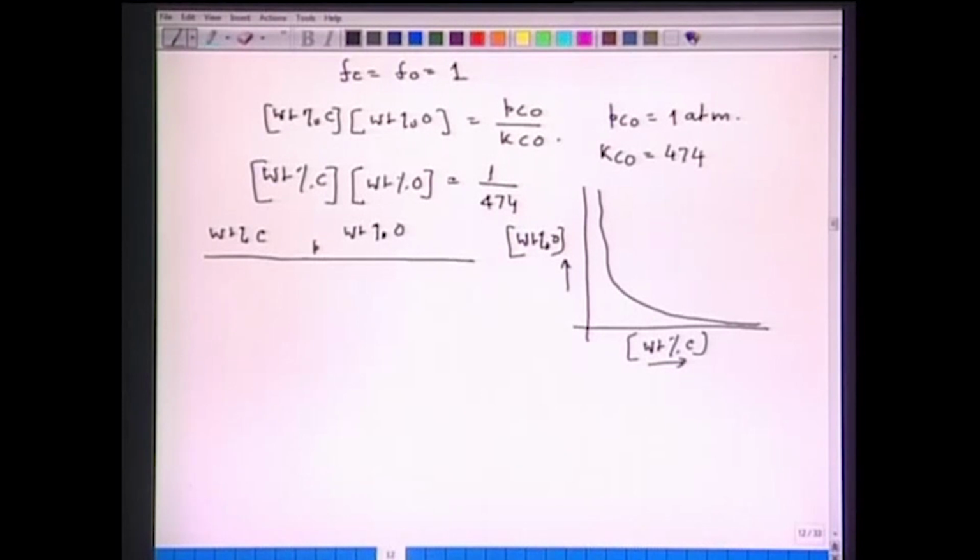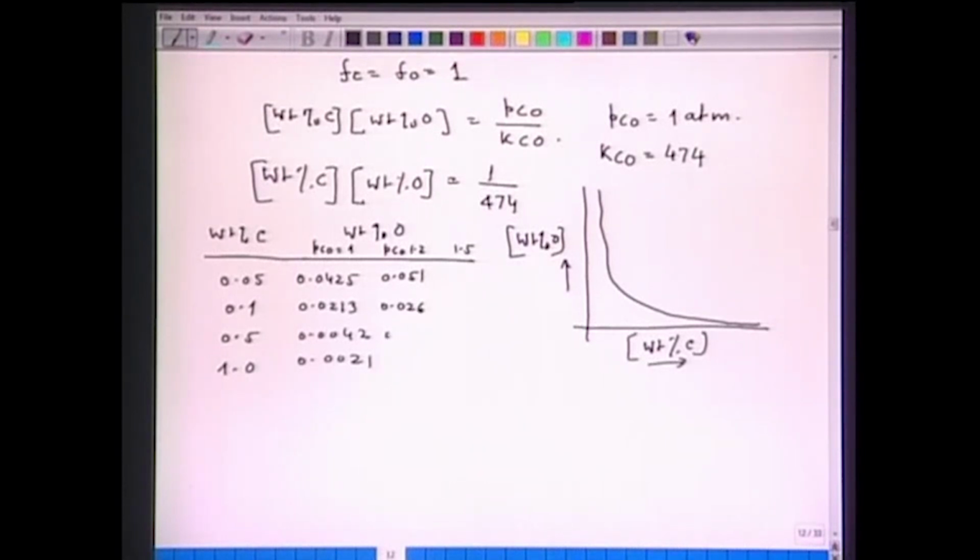If I take 0.05% carbon, 0.1, 0.5 and 1.0, I calculate here 0.0425, 0.0213, 0.0042 and 0.0021.